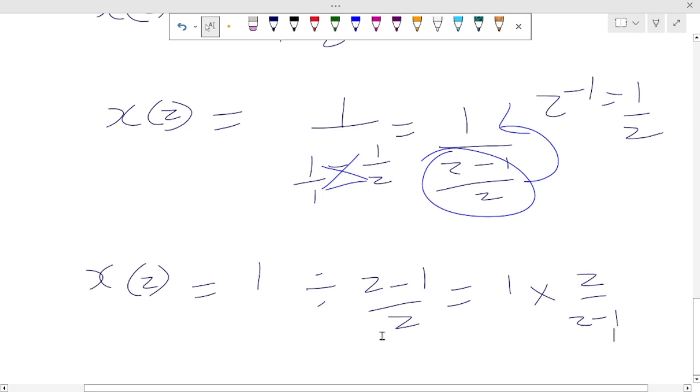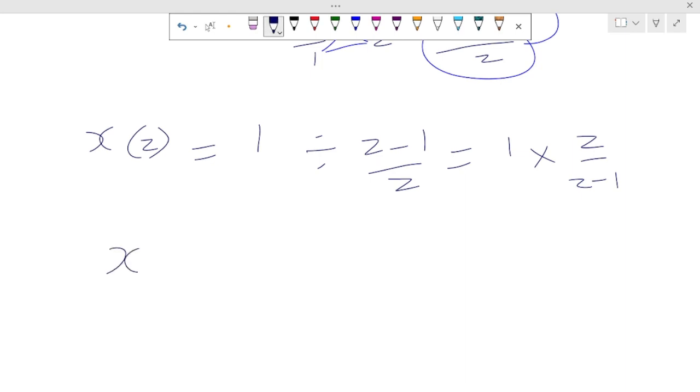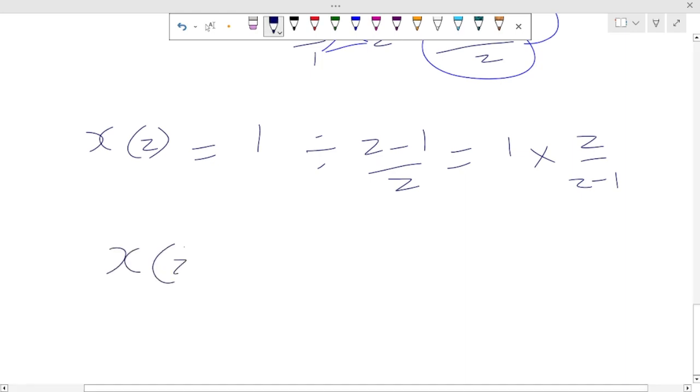These guys will go to the opposite side, like reciprocal, invert. So that's what we have here. So that will give you x of z equals z all over z minus 1.